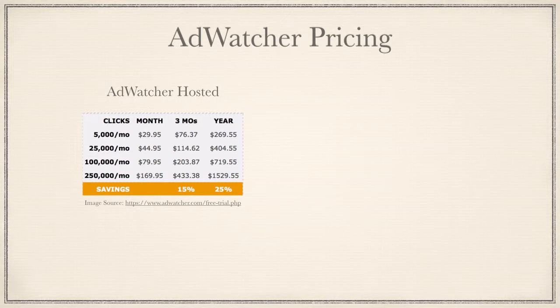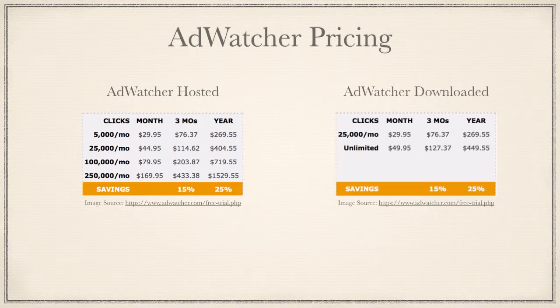Now, if they're hosting their software, you can subscribe for, as you can see, a 3 month or a year amount of time for either a 15% or a 25% savings if you sign up for a bulk all at once. The also more lucrative option is if you download their software and you host it yourself and have somebody monitor these things using their software in-house. As you can see, the price is $30 a month, basically $29.95.